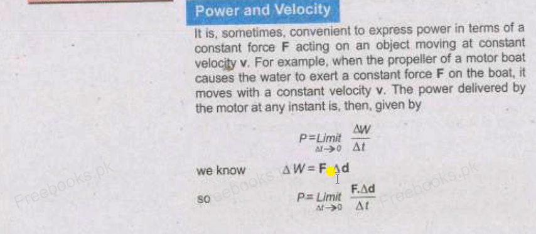So the power will be equal to limit under limiting conditions delta T approaches to 0, F dot delta D over delta T. So also we know that delta D over delta T, this is the velocity, time rate of change of displacement. अगर delta T टाइम में delta D डिस्प्लेसमेंट हो रहा है तो हमारे पास delta D over delta T जो है वो हमारे पास velocity आ जाएगा.